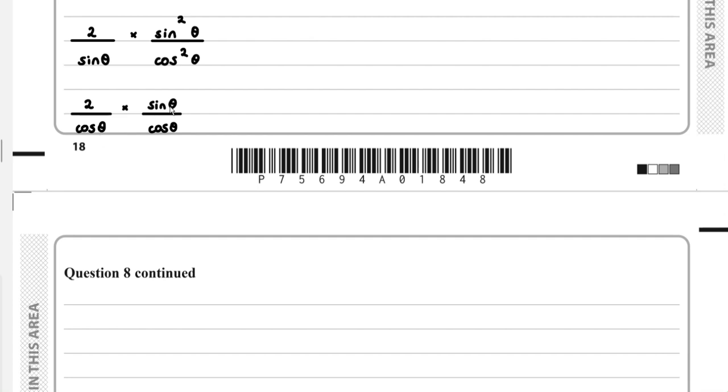And recognizing that 2 over cos theta is 2 sec theta, and sine theta over cos theta is tan theta, we end up with the result of 2 sec theta tan theta, which is indeed the right hand side, hence we've proved the result to be true.